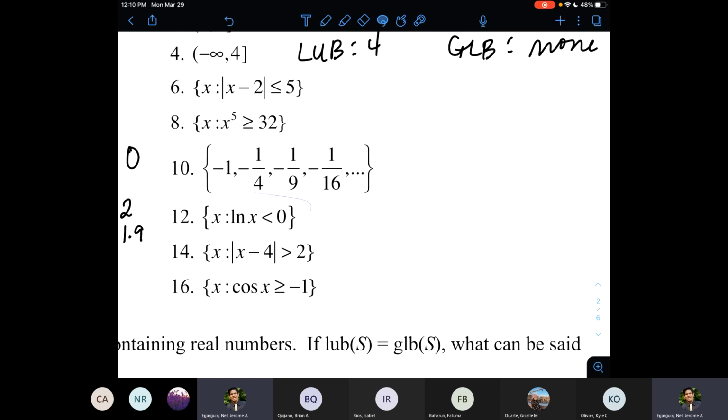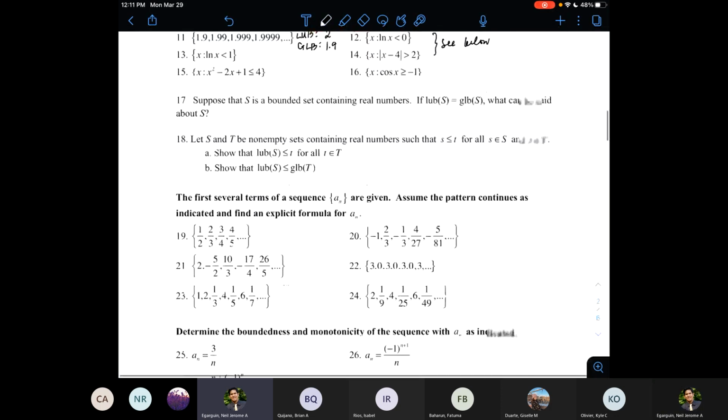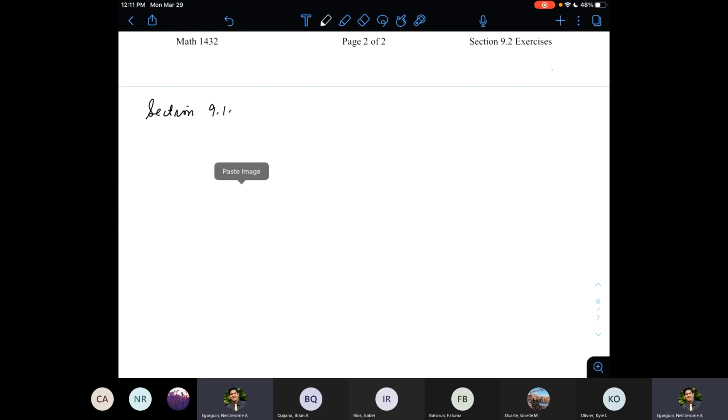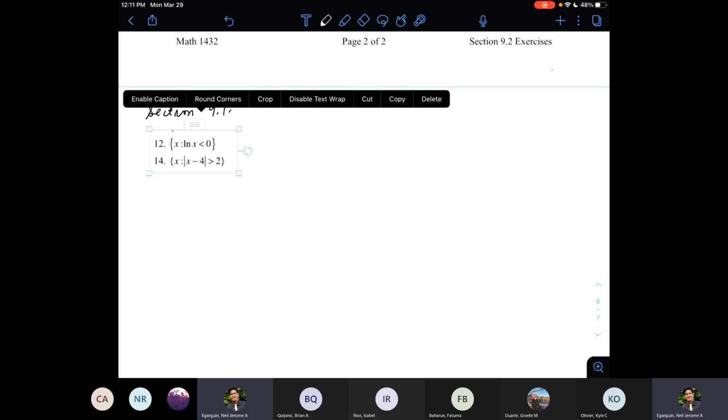So let me just cut this and then copy this one. Let's do it in a new page. See below. Okay. So this is from section 9.1.